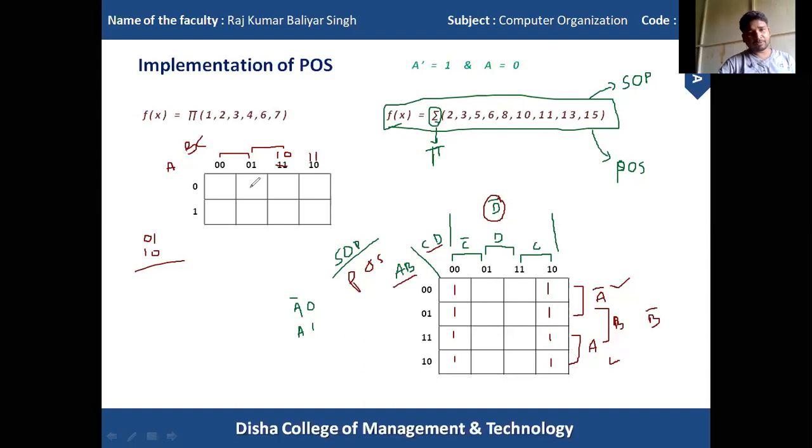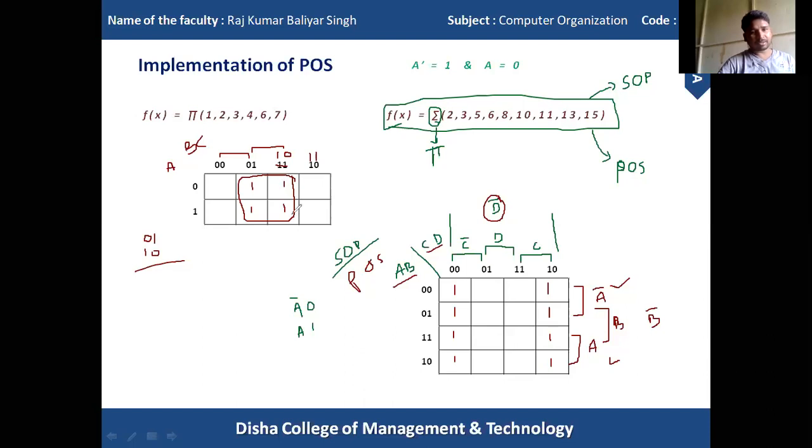That means if I have a structure like this, I cannot make it into a single combination, because it is a 4 cell group and all cells are adjacent to each other. Instead of making it a single one, I have to make it two: these two cells a single one and these two another single one.